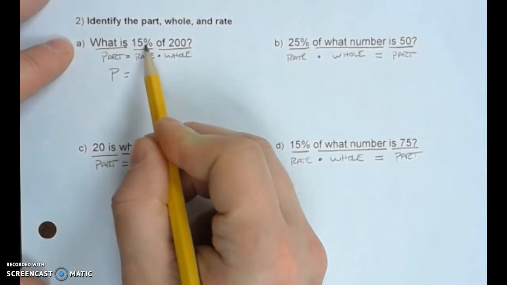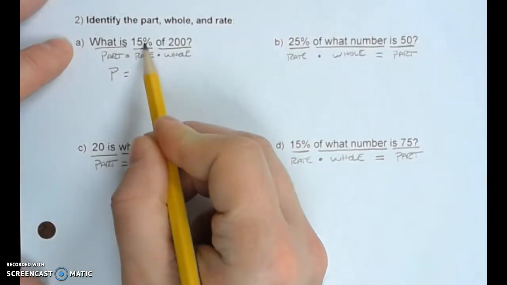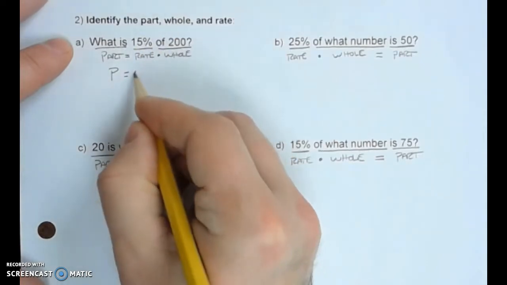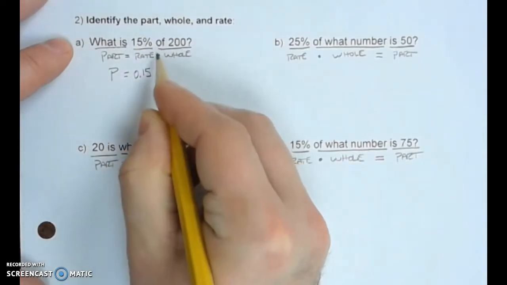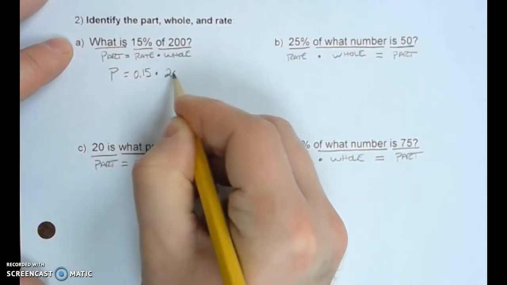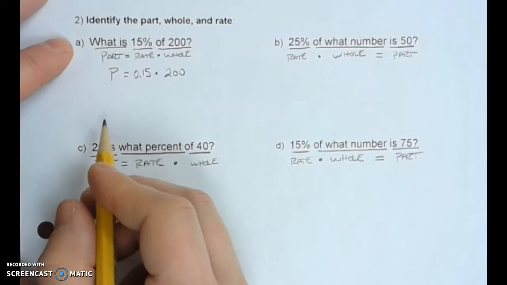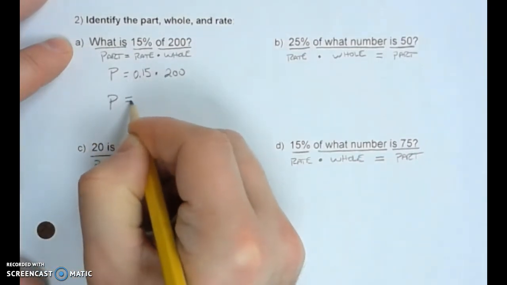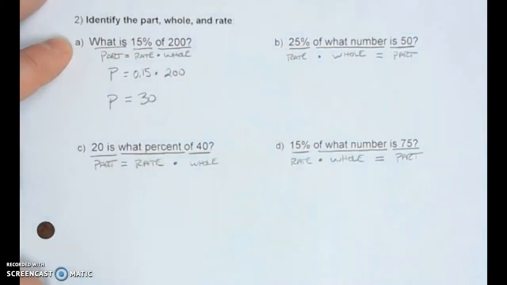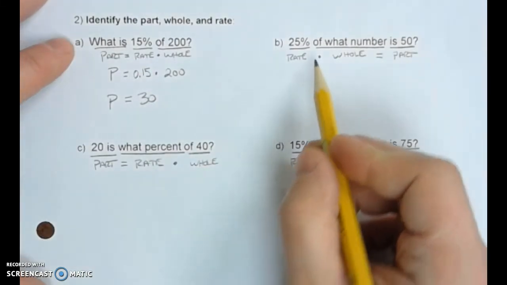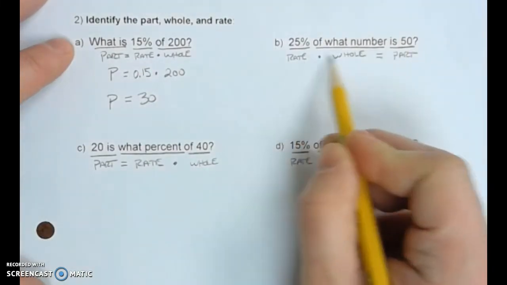In order to turn your percent into a decimal, take your decimal point and move it back 2 spaces. This is going to become 15 hundredths. And the whole value was 200. So to get the part, I have to do 15 hundredths times 200, which is going to give me a value of 30.